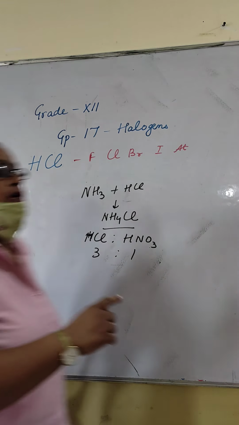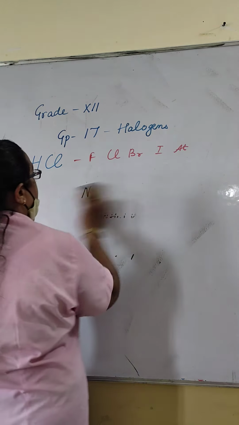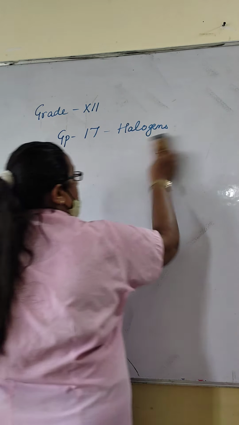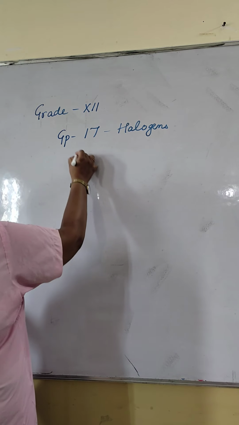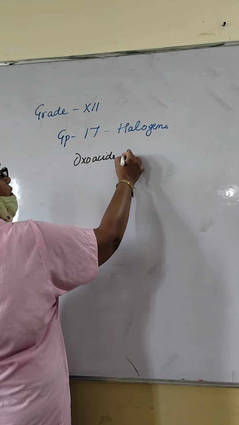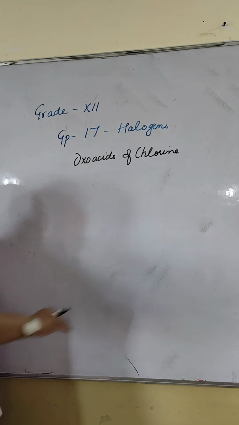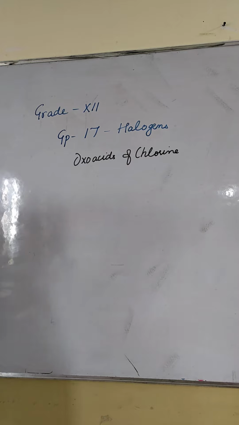Second last topic, very important, that is oxo acids of chlorine. Kindly draw the structures with me. Oxo acids of chlorine, which means oxides of chlorine.